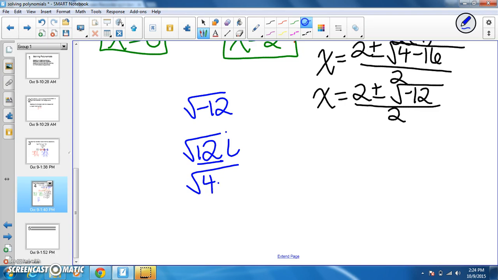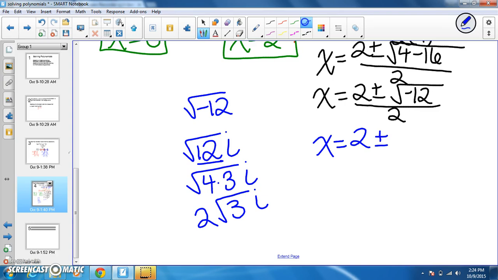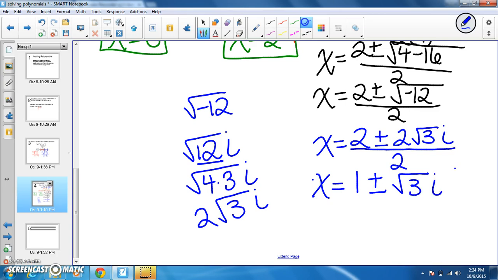So it would be 4 times 3. And we know that the square root of 4 is 2. So the square root of negative 12 simplifies to 2 root 3i. So I'm going to write x is equal to negative 2 plus or minus 2 root 3i, all divided by 2. I divide each term by 2, so x is equal to negative 1 plus or minus the square root of 3i.